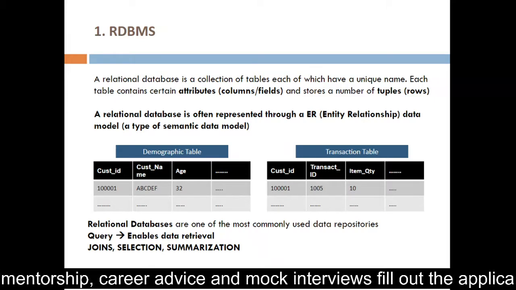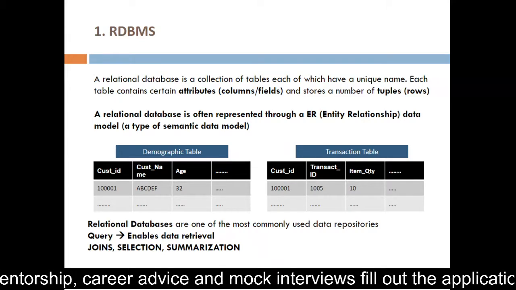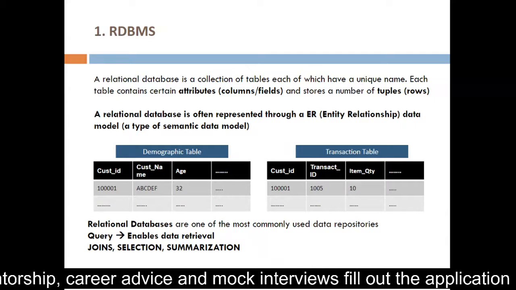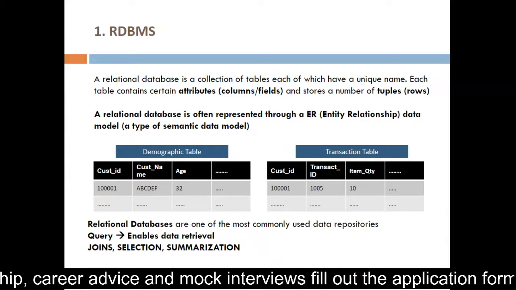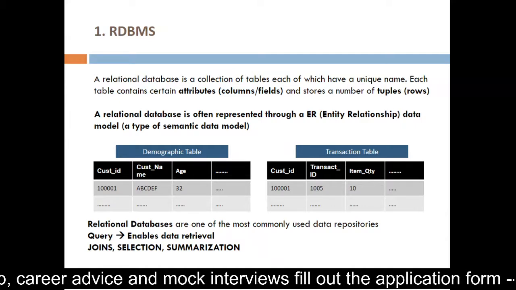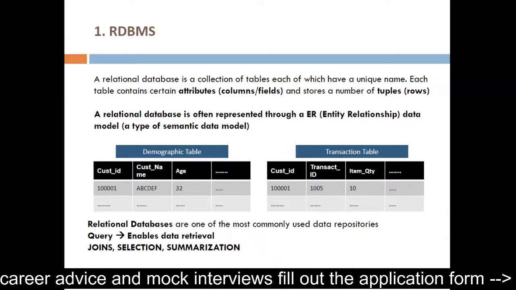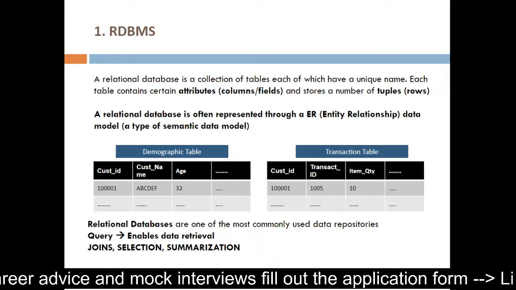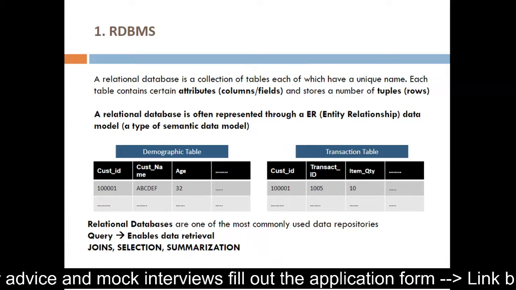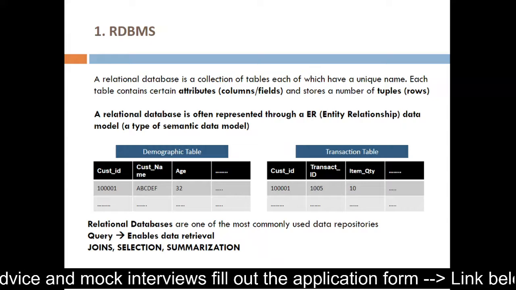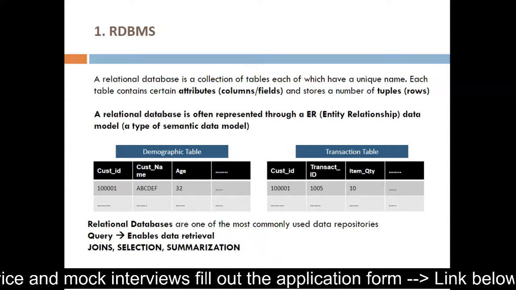Each of these tables has certain features or attributes, better known in the field of databases as columns or fields. And there are also a number of rows, or what is known as tuples.